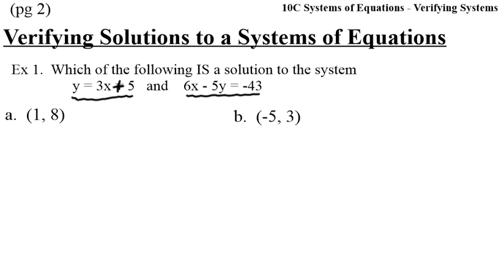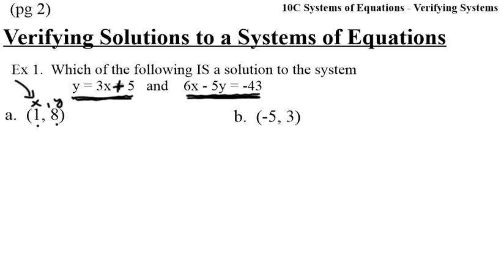So what this question is saying is here's our system of equations, and we're saying 1, 8 is an ordered pair, remember, x, y always. We're saying in this case we believe x is 1 and y is 8.